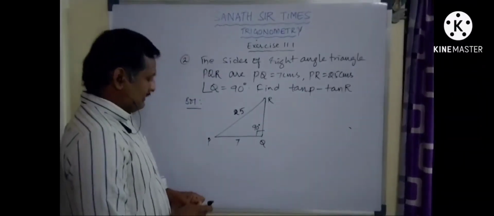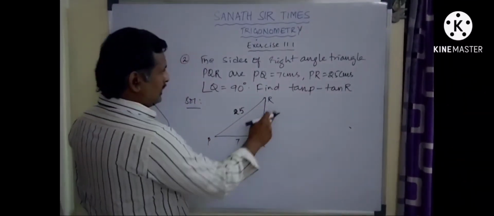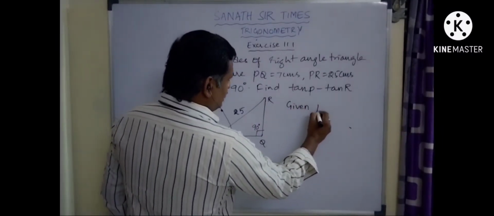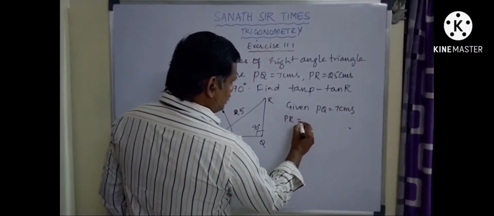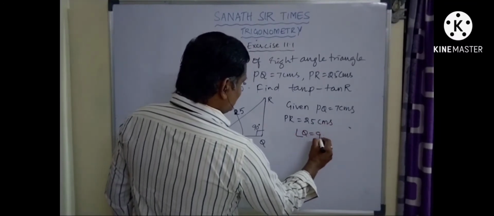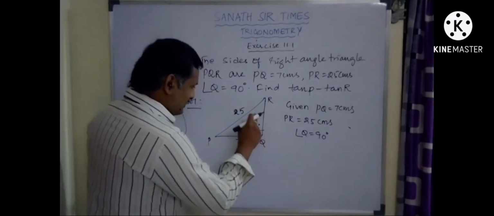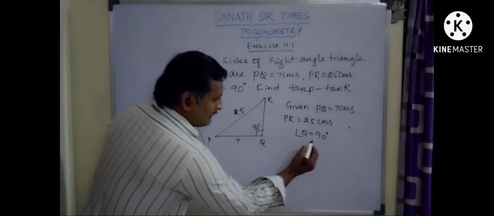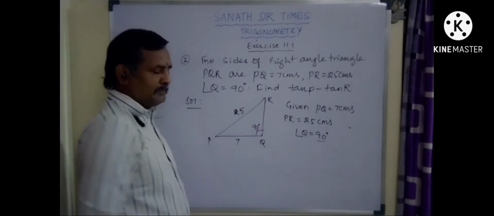Right, second question. Now in this one he has given you the sides of right angle triangle PQR. PQ is given as 7 centimeters and PR is equal to 25 centimeters. Angle Q is given as 90. Now this is what is taken from the question given to you. Now I am drawing PQR as a triangle. 90 degrees is at Q, so definitely the other side should be PR.